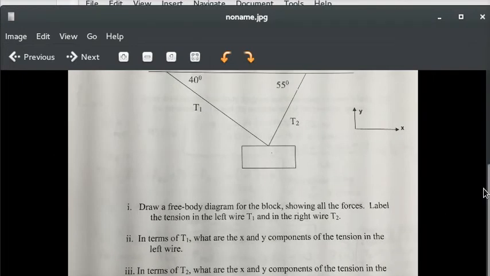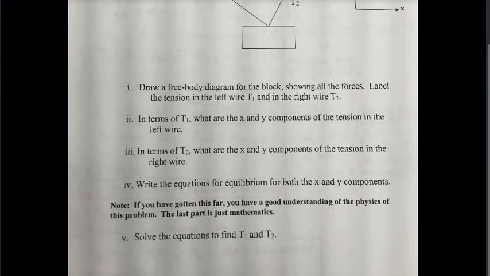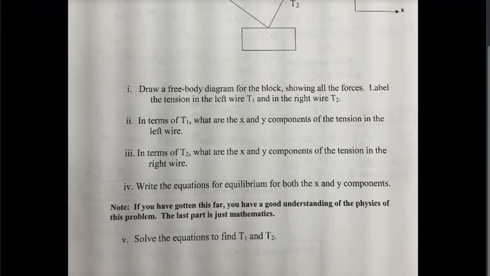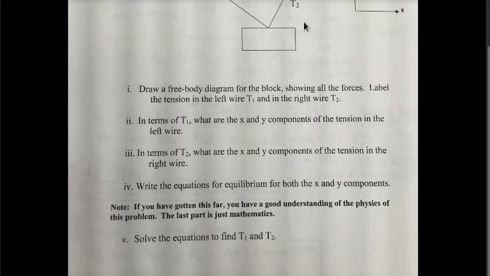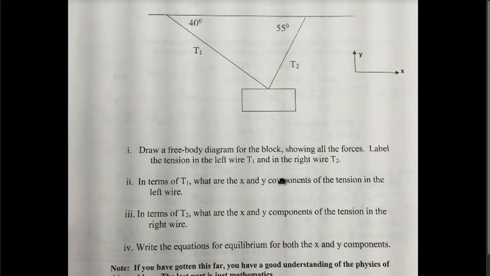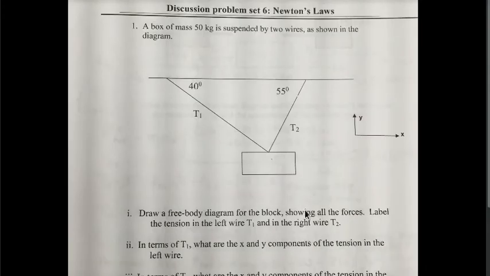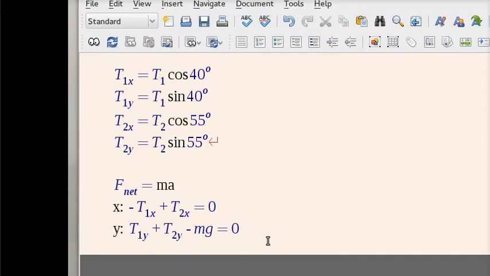Part 4. Write the equations for equilibrium for both. Oh, that's what I just did. And then math happens. So we know mg. Do we know m? Does it give us m? Yes, 50 kilograms. So we know mg.